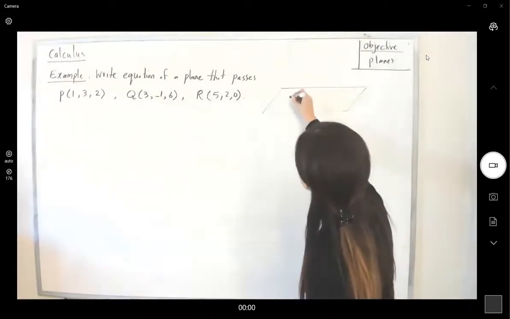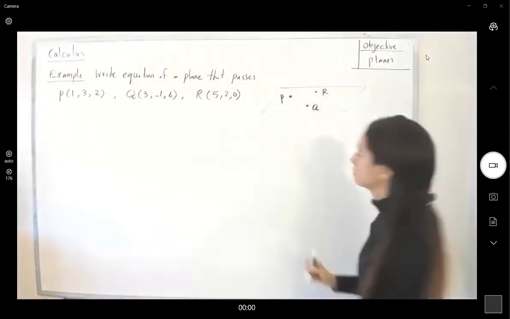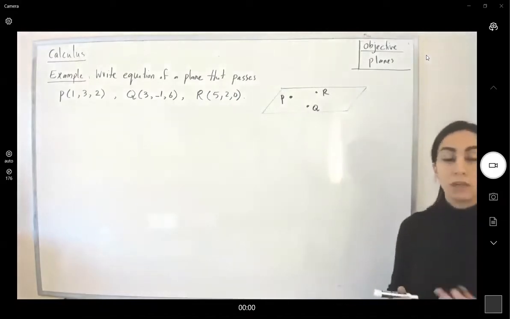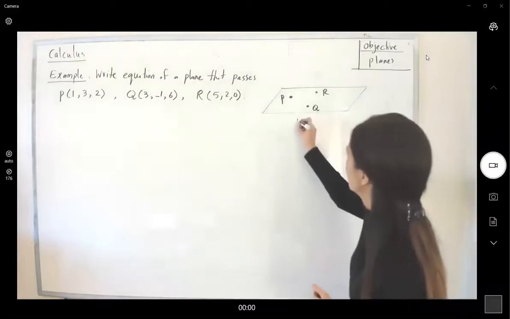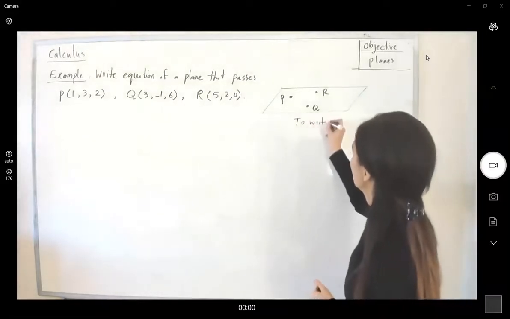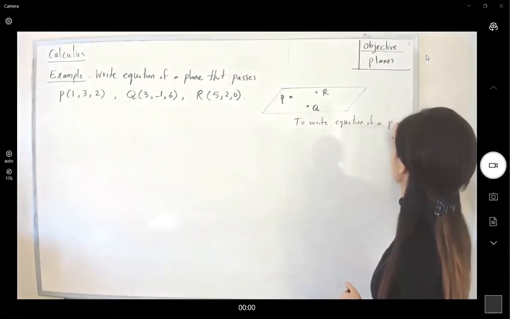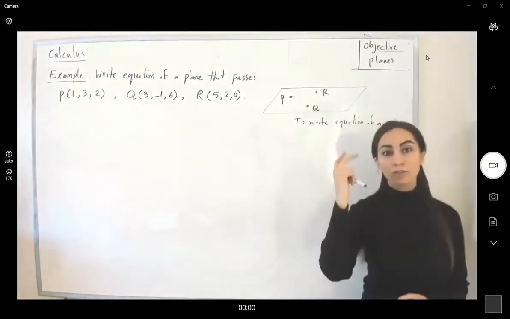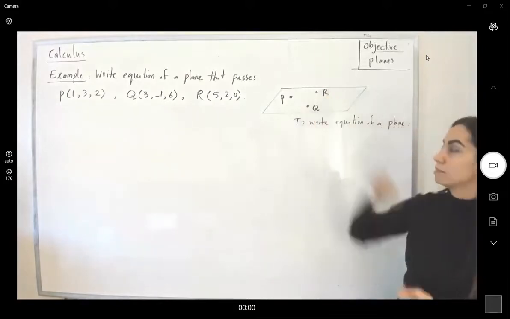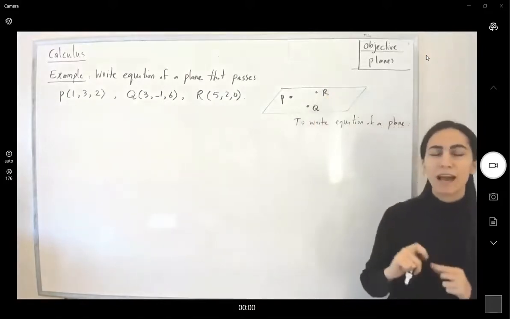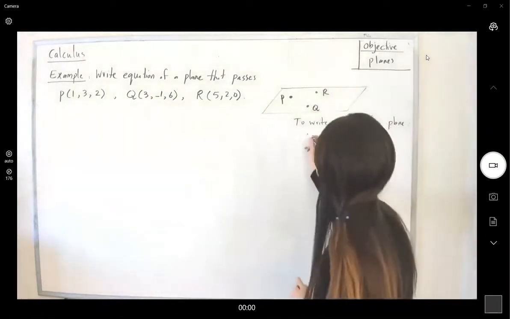P, for example, is here, Q is here, and R is here. Remember, to write the equation of a plane we need 2 things: one point in the plane, either one of these, and the normal vector.